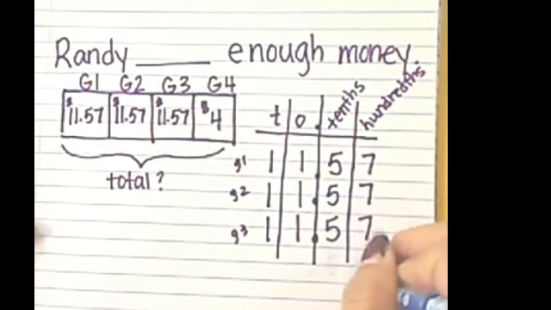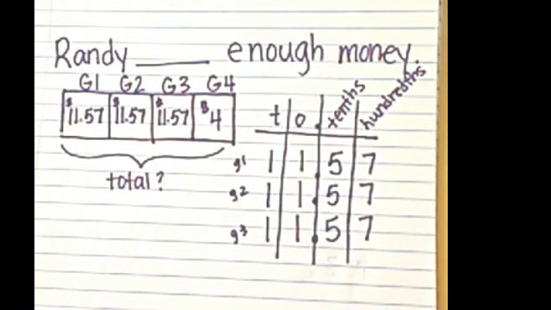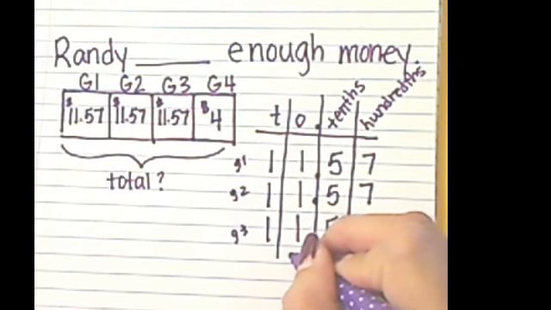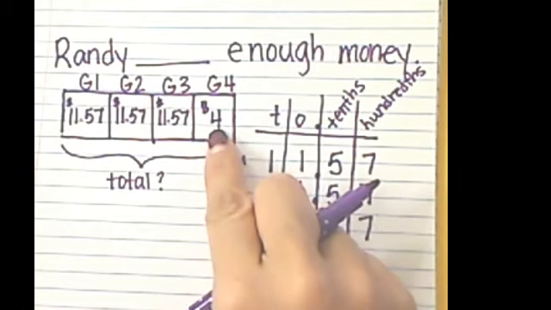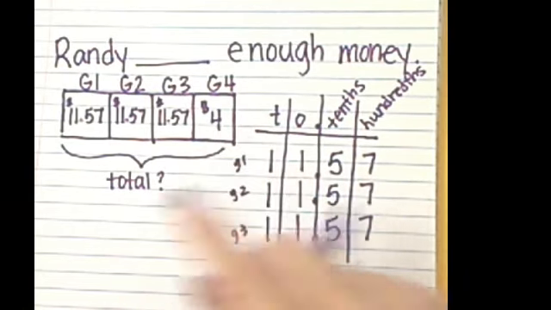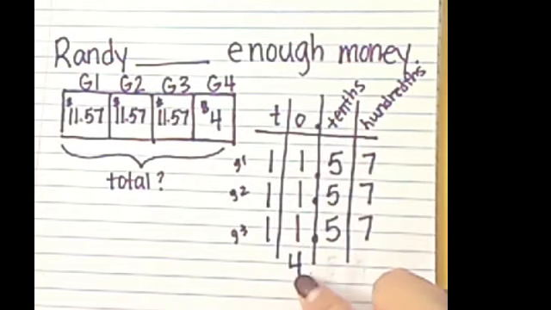So where are we going to write that 4? We've got to put it in the ones place, okay? Because the 4 is a whole number, there's no decimals in there, so you can assume that it's a whole number that goes in the ones place.